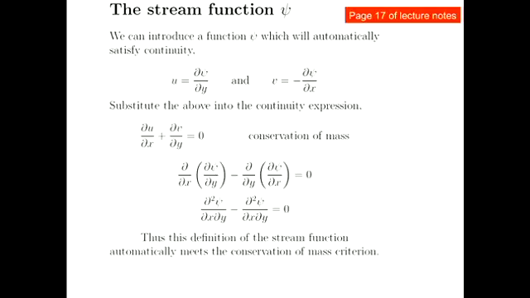There's a unique relationship between u and v, or more appropriately, how u and v change spatially, that's required to satisfy continuity. And by defining flow fields in terms of that stream function, I'm guaranteed that I automatically satisfy continuity. Does that make sense?